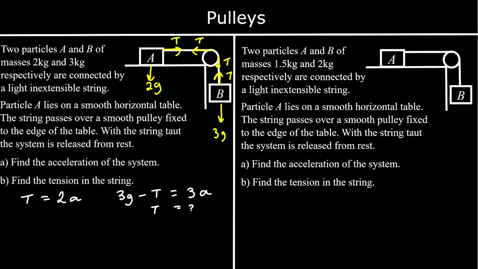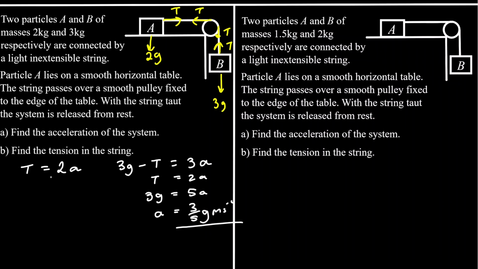So add them together, we get 3g equals 5a. So A is 3/5 of g meters per second squared. And T is equal to 2 times A. So T is 2 lots of 3/5 g. That's 6/5 g. And it's measured in newtons.